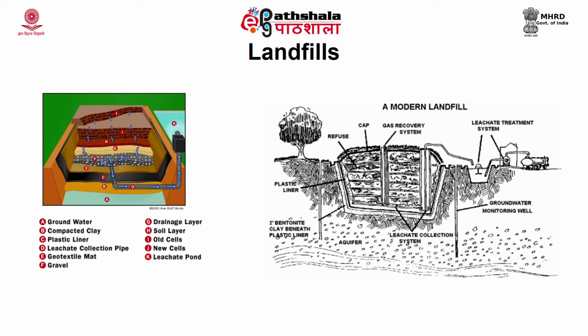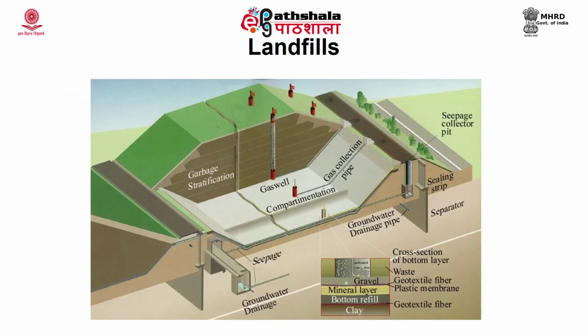You can also see the leachate pumping systems, where the leachate which is produced will be collected through the leachate collection systems and pumped out, and then taken to a treatment plant for further treatment. In addition to all these things, you also have a groundwater monitoring control system, which will help us find out if there is any leakage in the liner system.